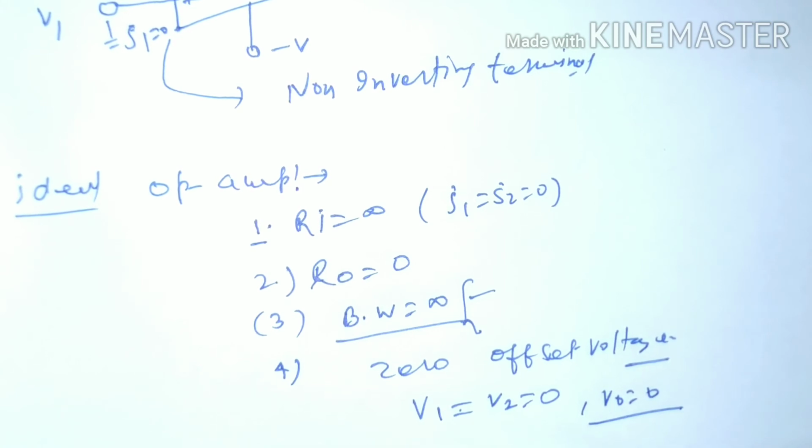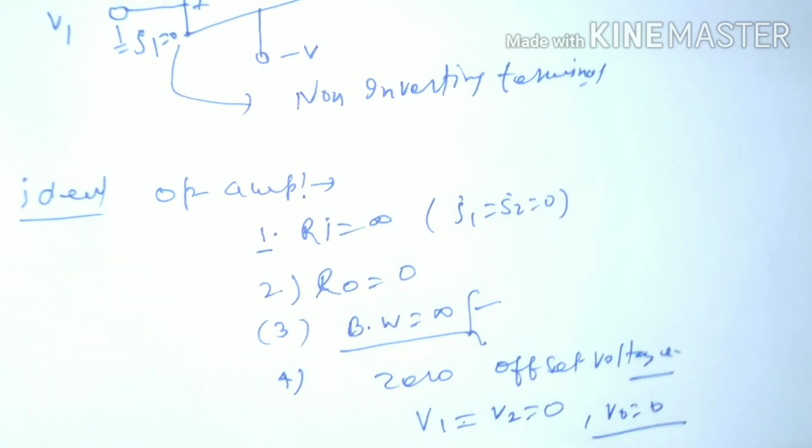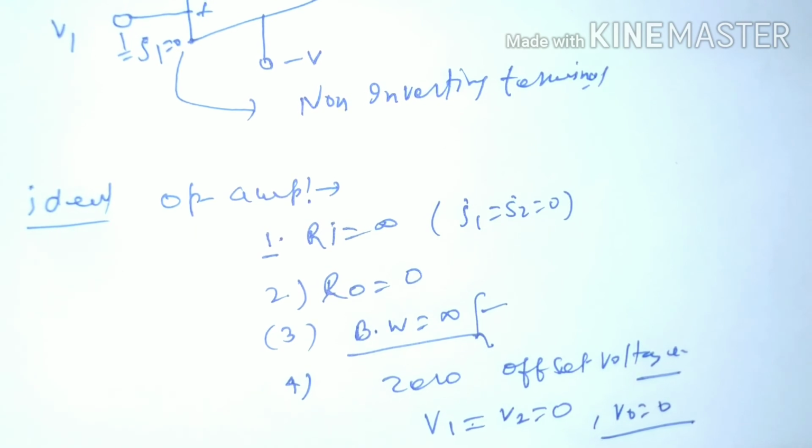So it shows zero offset voltage. If we don't apply any input voltage, then the output voltage will be 0. So these are the properties of an ideal op-amp.